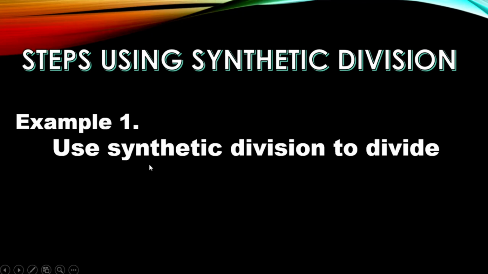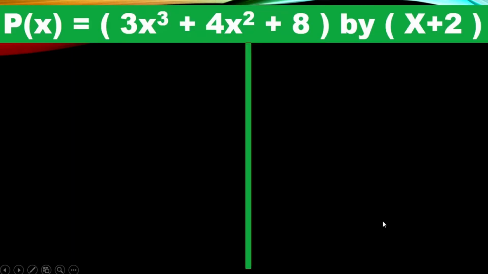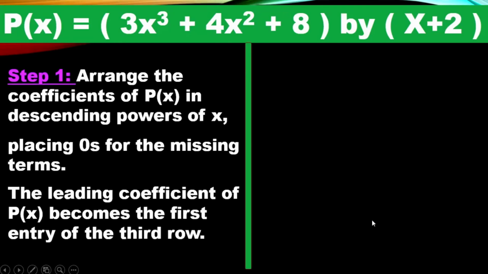We have example number 1. Use synthetic division to divide the polynomial 3x cubed plus 4x squared plus 8 by x plus 2. Now we have the polynomial 3x cubed plus 4x squared plus 8. We divide by x plus 2.